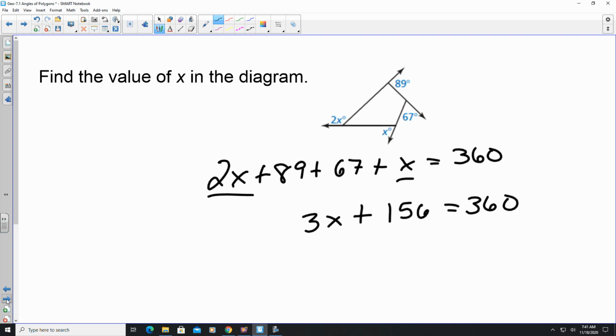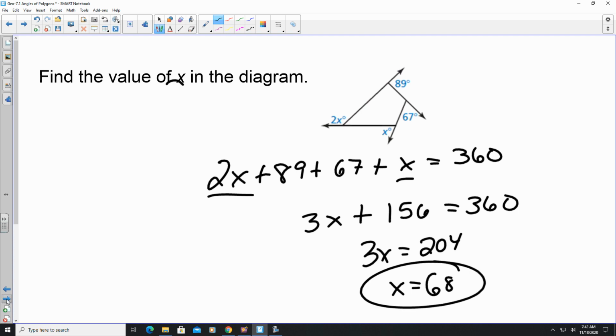That's going to be equal to 360. Subtracting 156 from both sides, I get 3x is equal to 204. Divided by 3, x will equal 68. All I had to do is find the value of x, and it is 68.